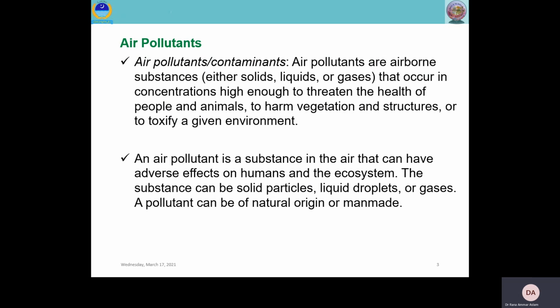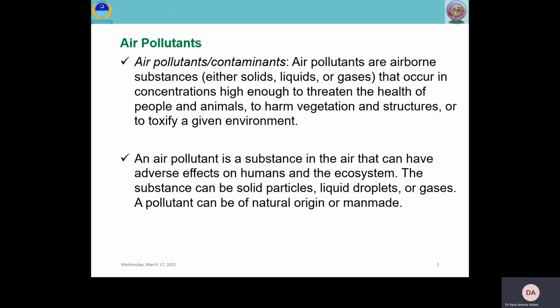And third is their contact. So when a substance present in large quantities in the atmosphere has a toxic nature and comes in contact with living and non-living beings, upon physical contact with objects or any component of the environment, they pose harm.